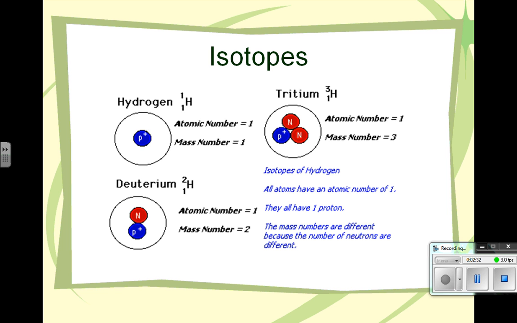In the bottom left, we have 1 proton and 1 neutron. And then in the top right, we have 1 proton and 2 neutrons. All the atoms have an atomic number of 1. They all have 1 proton. But the mass has changed because there's a different number of neutrons in the nucleus.